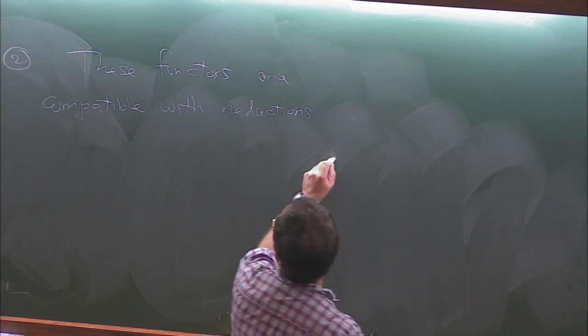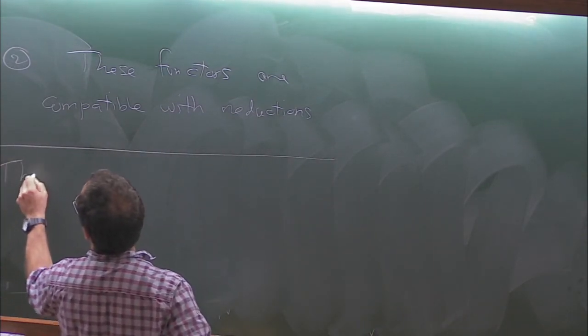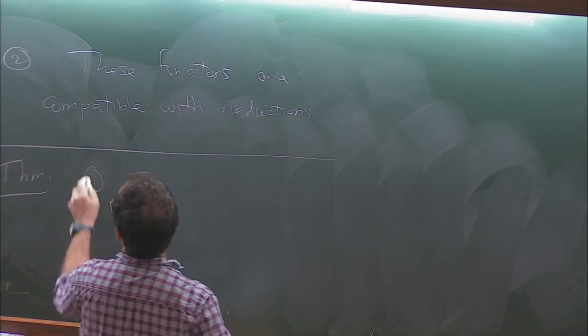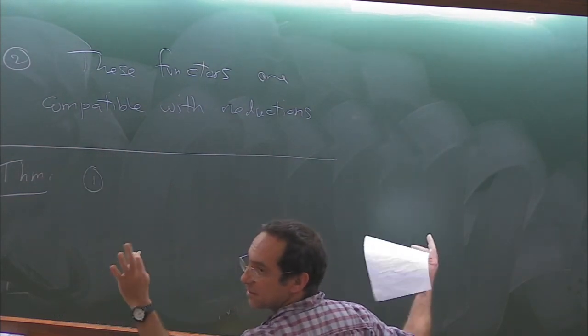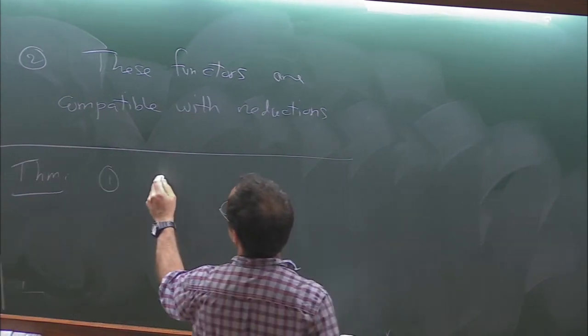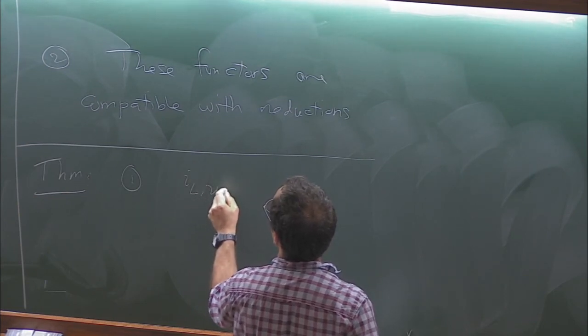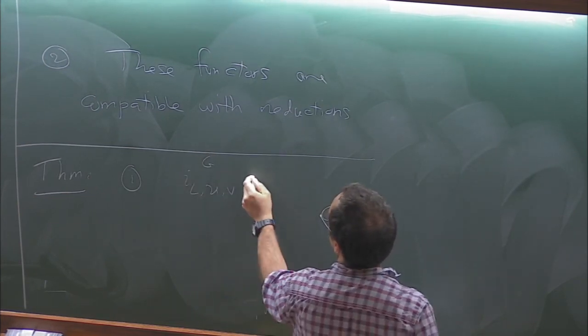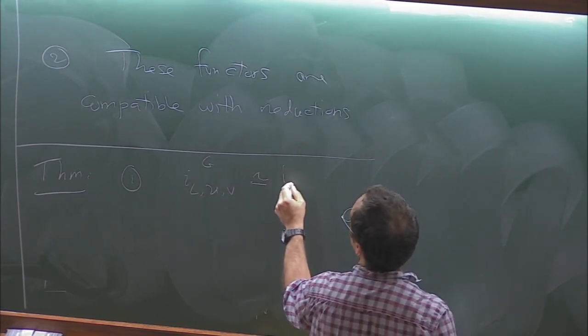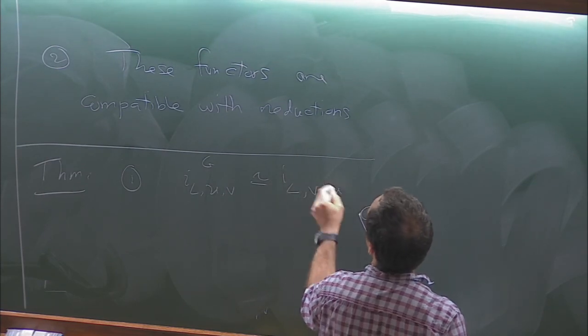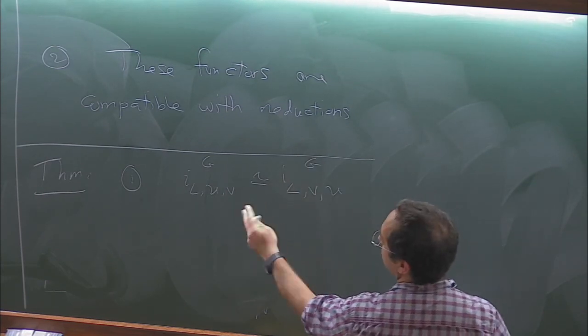The first theorem is that under all these definitions and assumptions, I_{L,U,V}^G is isomorphic to I_{L,V,U}^G. So you can swap the order, it doesn't matter.